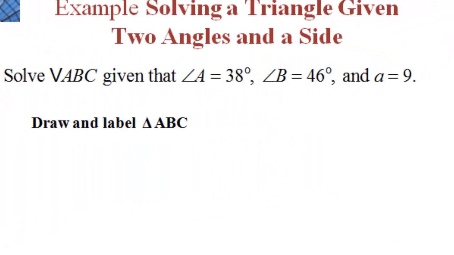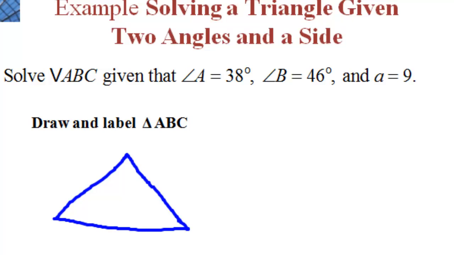So let's use this information to solve a triangle. If we're given 2 angles and a side, first thing we want to do is draw a triangle ABC. We're not going to try and draw it to scale. We're just going to draw a triangle and label it ABC.